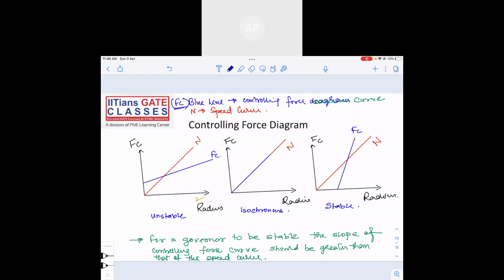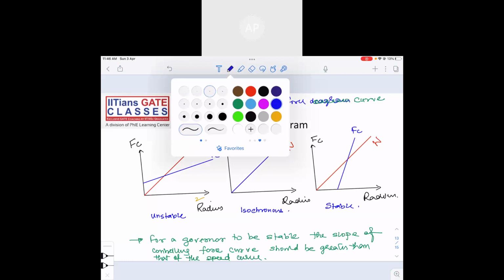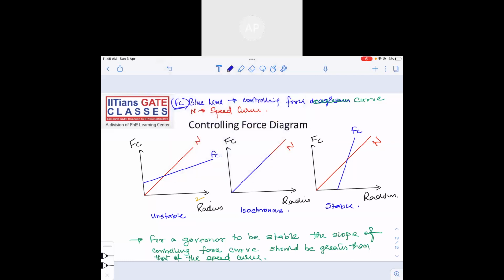So this question might be asked this way. Otherwise, they also give you the equation of the curve. For example, I can write FC as A plus BR, where A and B are constants.